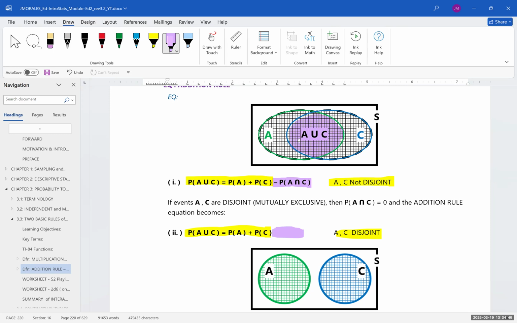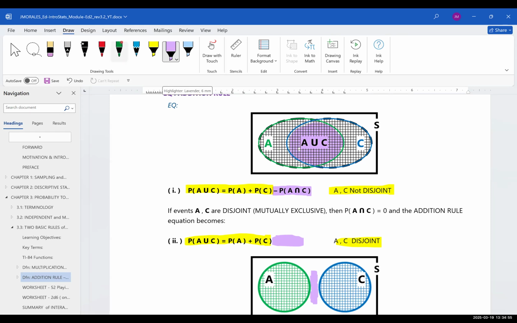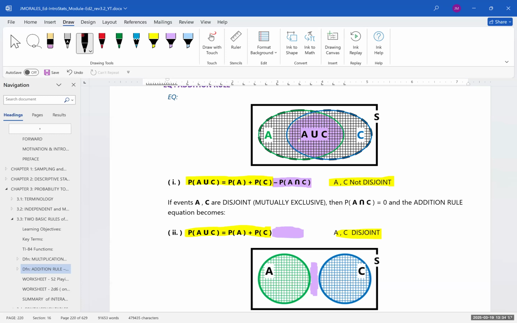Why is it missing? It's missing because if they're disjoint, there's no intersection. So what's the probability then? If there's no intersection, the probability of the intersection is 0. And so we typically don't even put subtract 0 because that doesn't change anything.